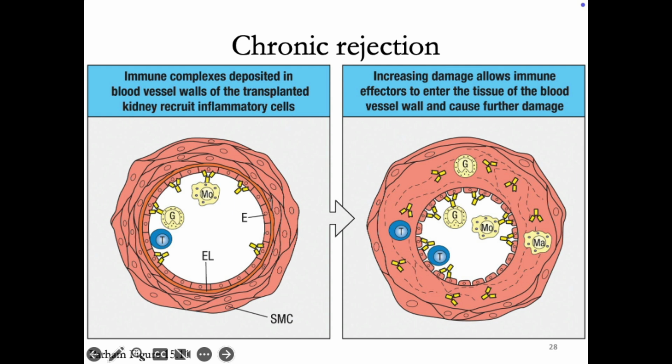One thing that we do understand about chronic rejection is that these antibodies are not pre-existing antibodies. In the case of hyperacute rejection, the antibodies were pre-existing. These are antibodies that you become sensitive to after the transplantation. You didn't have them before transplantation.